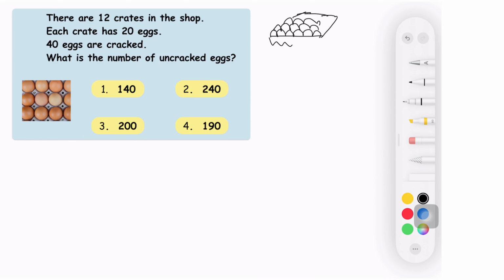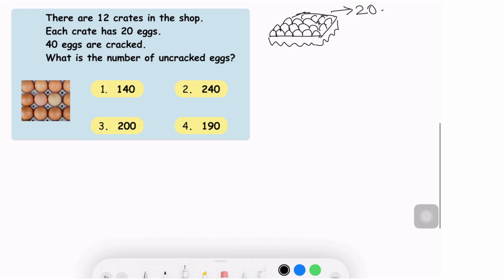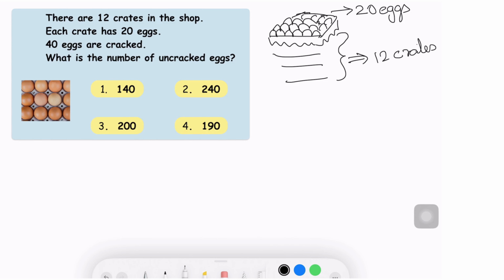Just assume that this is a crate and it has 20 eggs, and there are 12 such crates. So the total number of eggs will be 20 times 12, right?